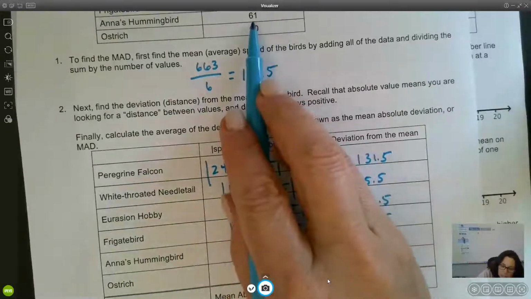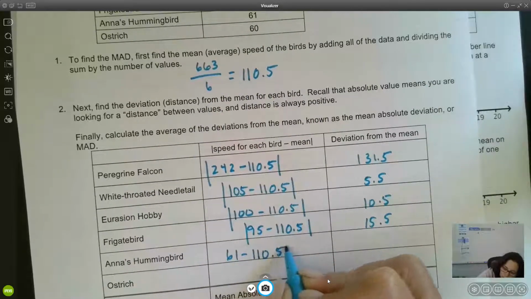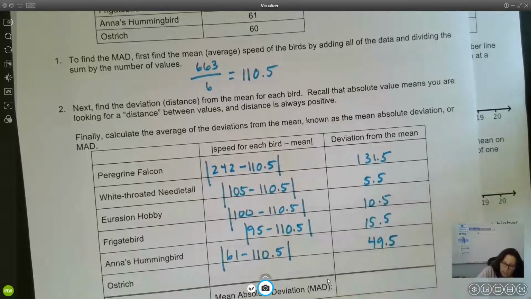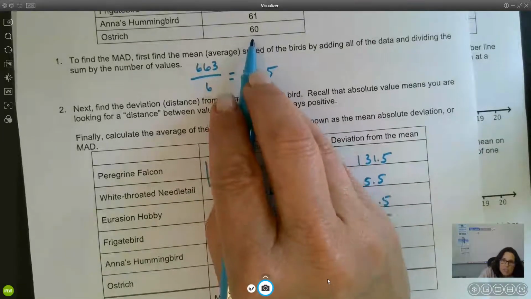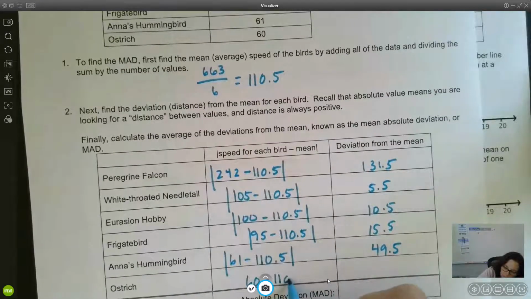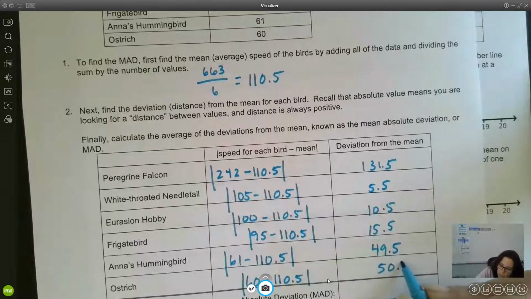Anna's hummingbird is 61 minus this 110.5, 49.5. And then the ostrich is 60 miles an hour, and that comes out to be 50.5.